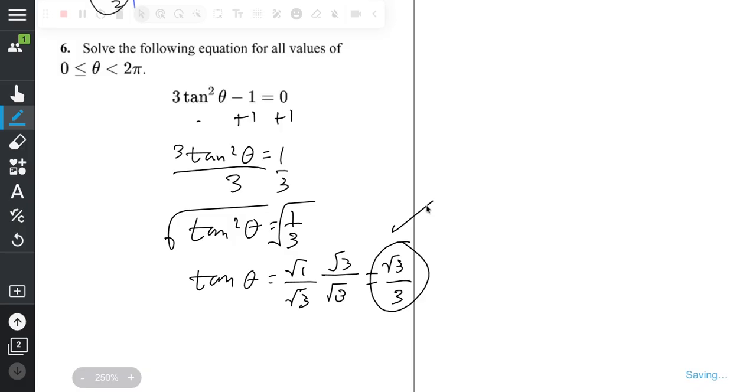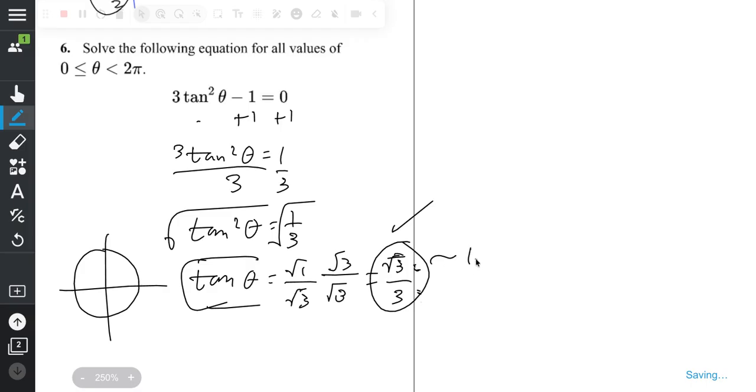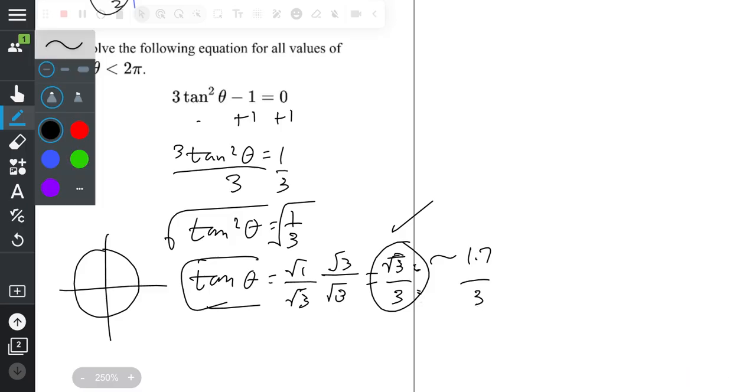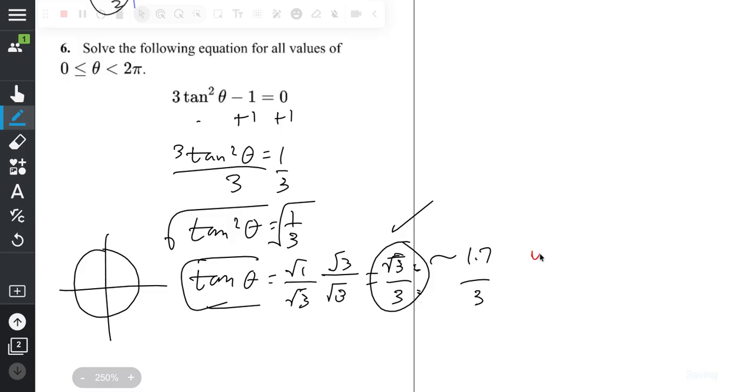Where is this true? We're done, right? We've got a single trig function, value on the other side. Where is that true? This is smaller than this. This is about 1.7. So we're looking for where, remember, y is on top and the x coordinate is on the bottom.